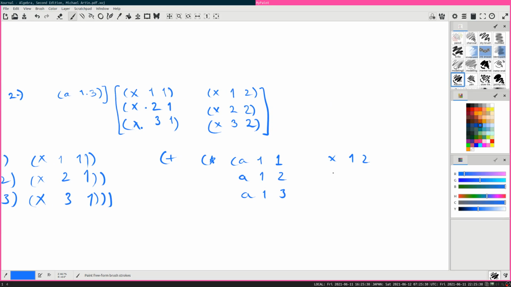I'm trying to give you some visual intuition here. X2, 2, X3, 2. Okay. And then in each of these components, we're going to be taking a product of A12 and X22. And then finally the sum over all of these products.